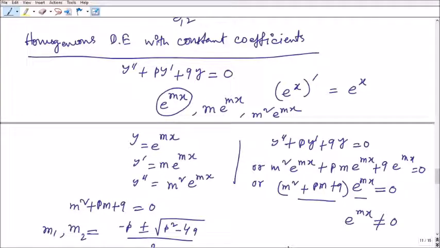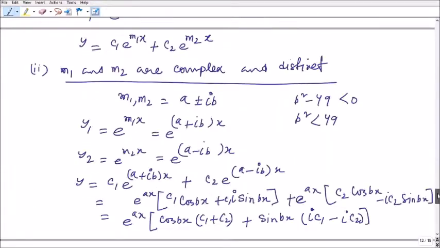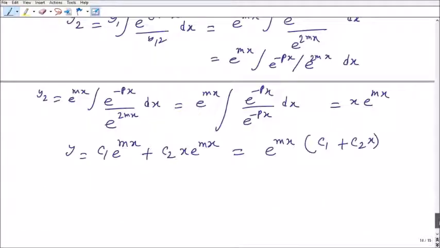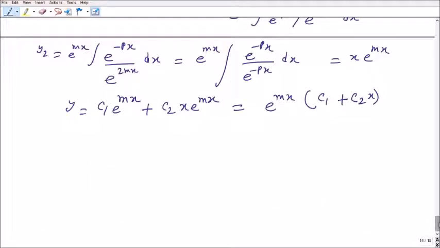So let us now discuss some examples. Suppose y double dash minus y equal to 0, and we have to solve this homogeneous differential equation.